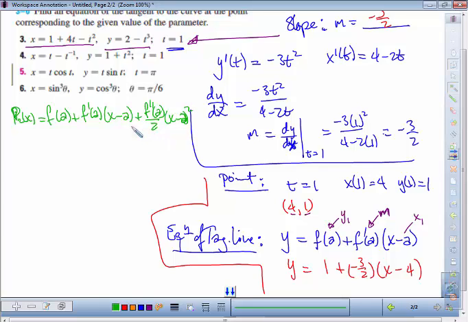So this is the beginning of a Taylor series. If you stop your Taylor series at the first derivative, you have the tangent line. If you stop your Taylor series at 2, you have a second order polynomial, a parabola, quadratic. You have a parabola that is, and I'll say in quotes, tangent to your graph.